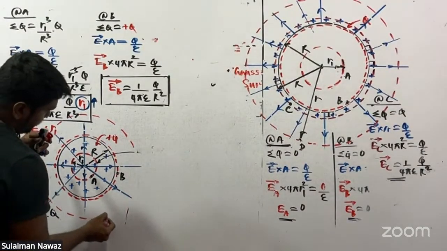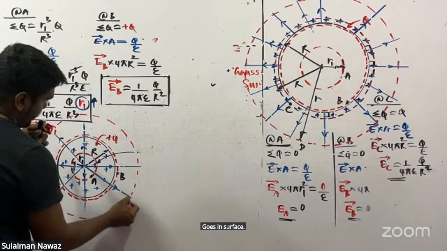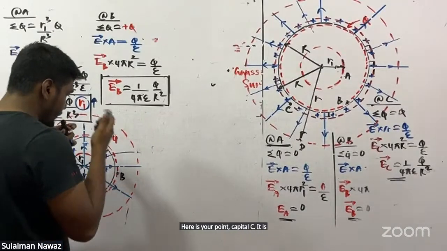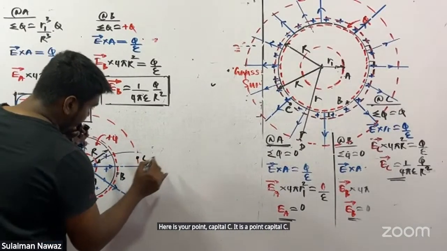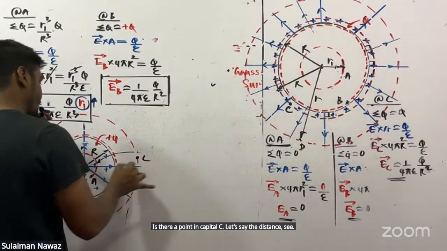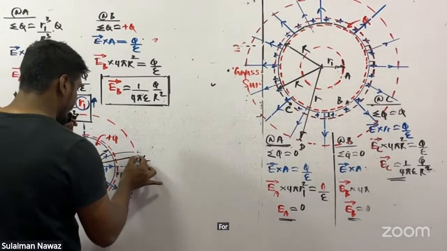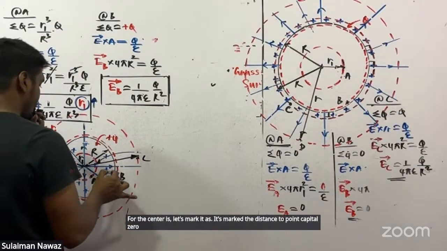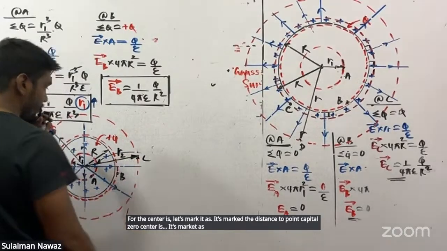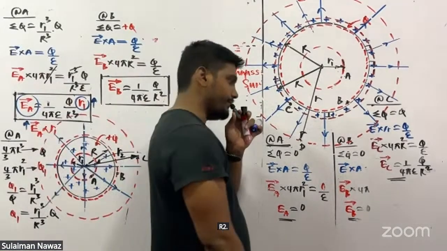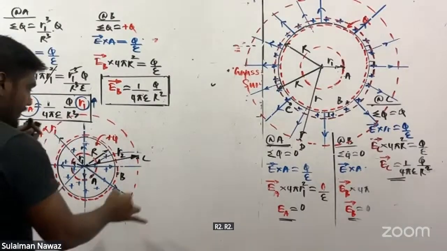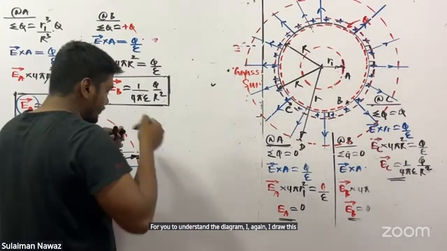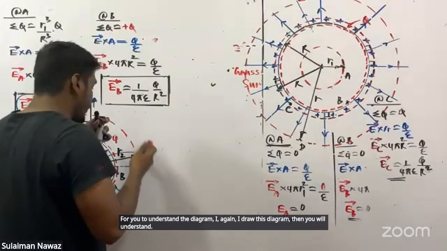Here is your point capital C. Let's say the distance from the center to point capital C is marked as R2. Since this diagram is not clear, I am drawing it so you will understand.